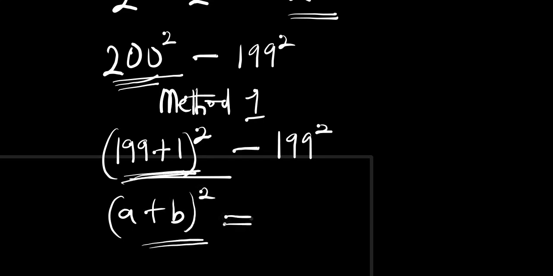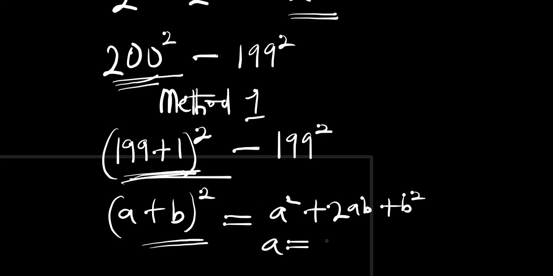Now, if you expand this, you are going to have a squared plus 2ab plus b squared. And in this case, a equals 199 and b equals 1.